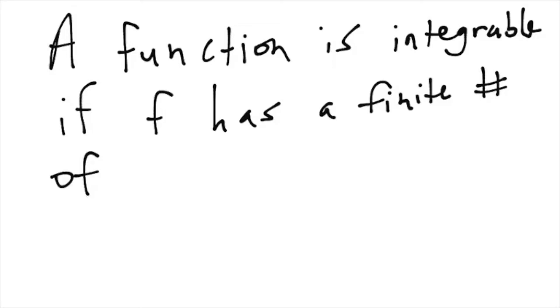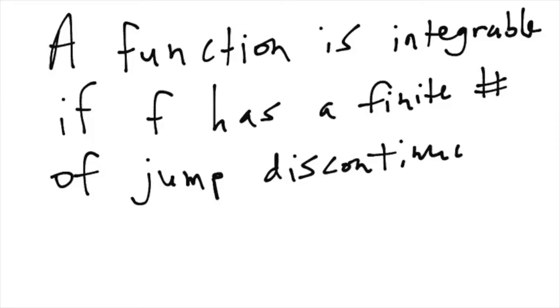Finite number could be 0. To start to look at some of the properties, we're going to look at some properties of functions and see how having discontinuities could possibly affect being integrable or not.